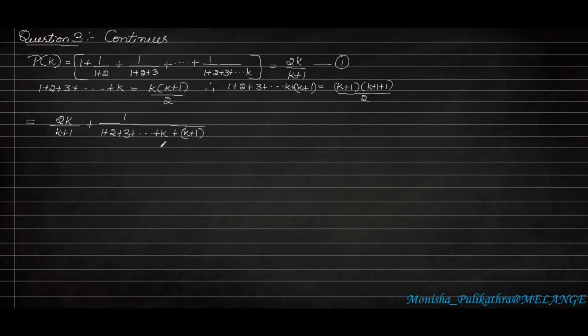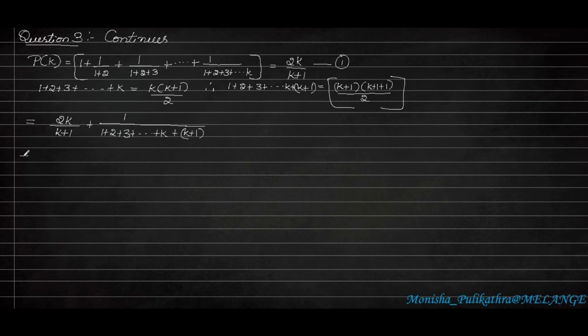So here, this is from the previous slide. First up to 1 plus 2 plus k, it will become 2k by k plus 1. I have substituted it. And the second section will be up to k plus 1, in the denominator, so this equation will come. In the place of the denominator, we have to substitute this part, because 1 plus 2 up to k plus 1 is equal to this section.